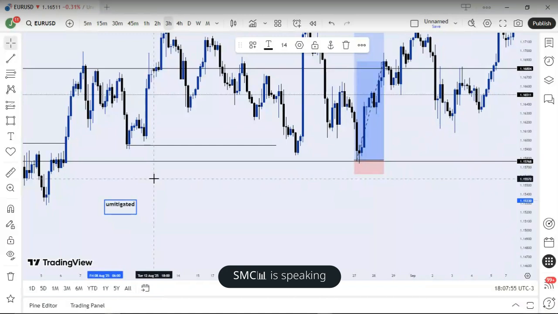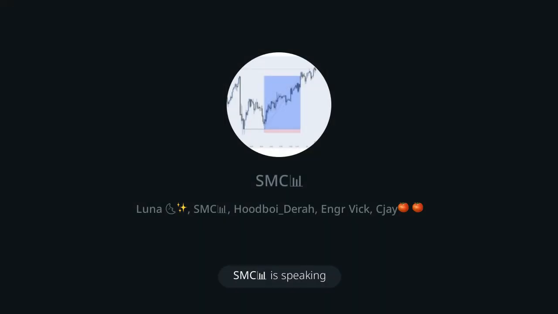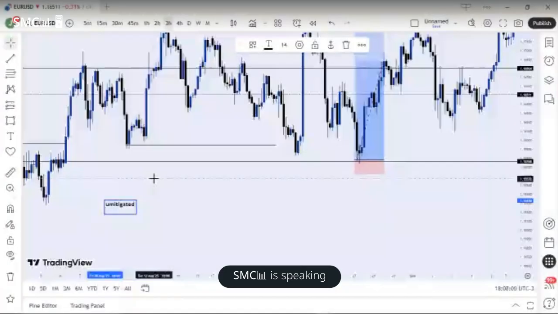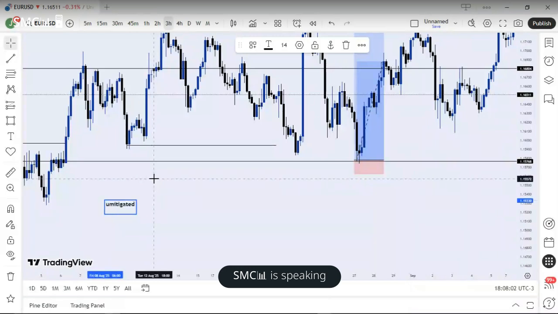Now, what you should be looking out for is bullish order blocks. In most cases, you see that the market is actually bullish, and you're looking to take trades at a bearish order block. It's not that the bearish order block is not valid.